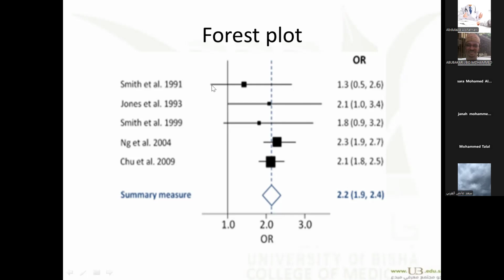You can see this particular one crosses the line. Here you can see the odds ratio of 1.3. Oh, this is not the confidence interval, but this is the line. Once the confidence interval crosses the line of null effect, then it's not significant.